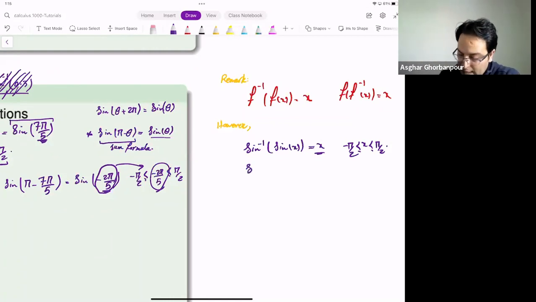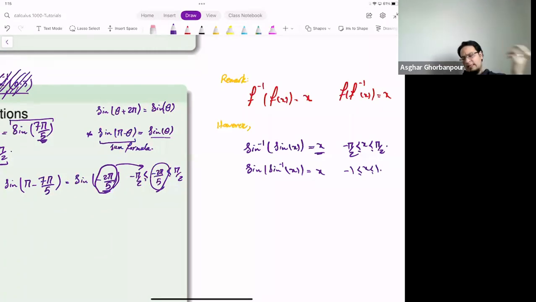And sine of sine inverse of x is x if you know that x is between negative 1 and 1. Those are the domains that you have to know, and in that case this works.